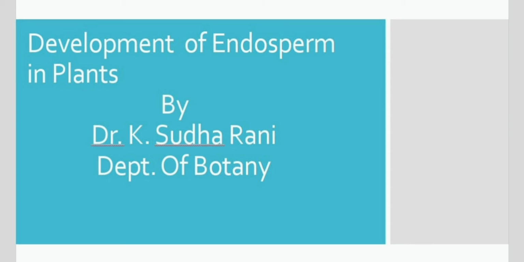According to Strasburger, he compared the endosperm of the gymnosperms with the endosperm of the angiosperms. Both are analogous structures, being nutritive in function.